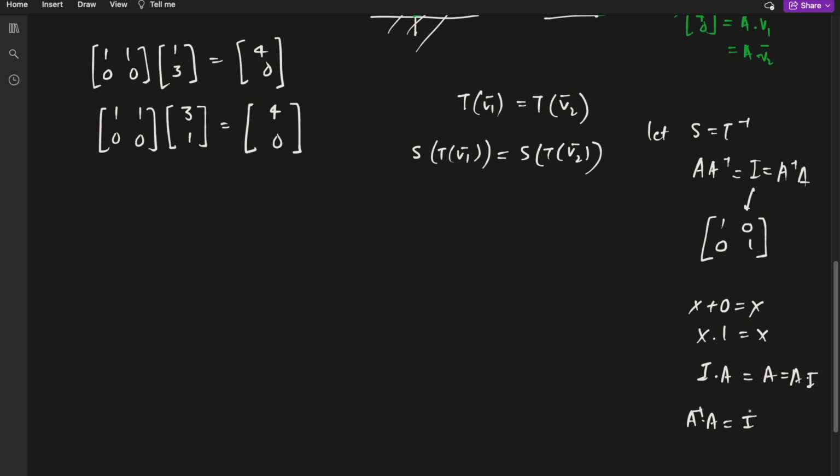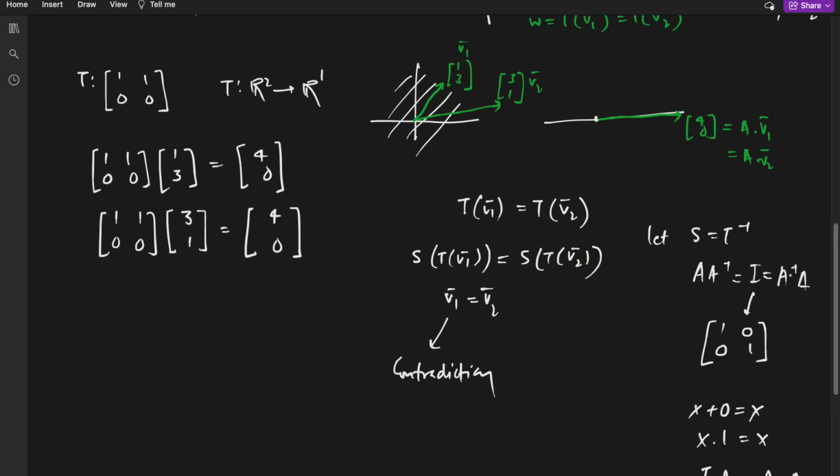I undo the effect and I get I, the identity matrix, which says that we did nothing, right? Because I assumed that S is T inverse, S and T will result in the identity matrix. The identity matrix does nothing, so we will end up with the vectors themselves, v1 and v2, right? But this is a contradiction.